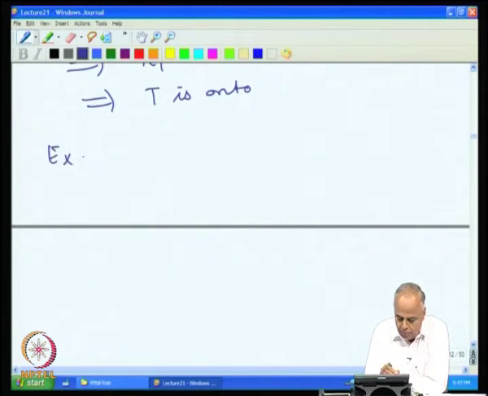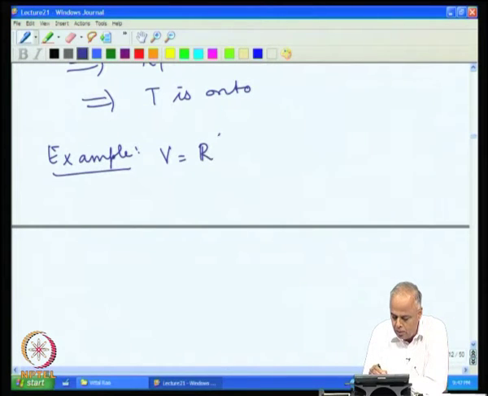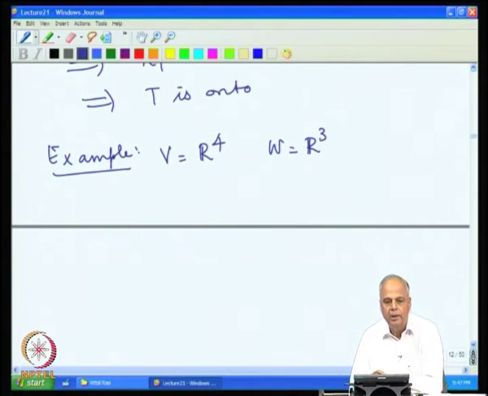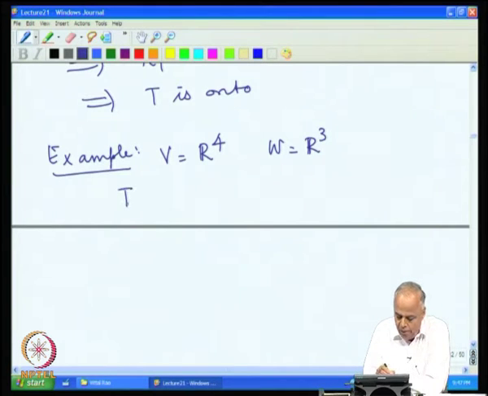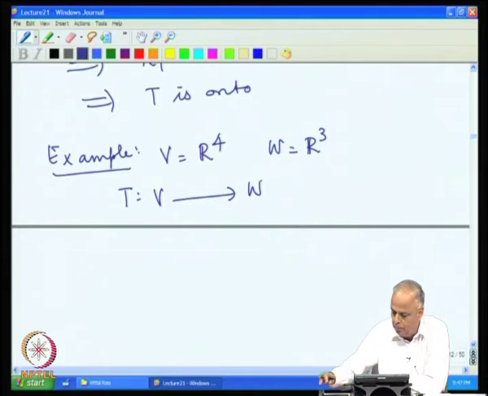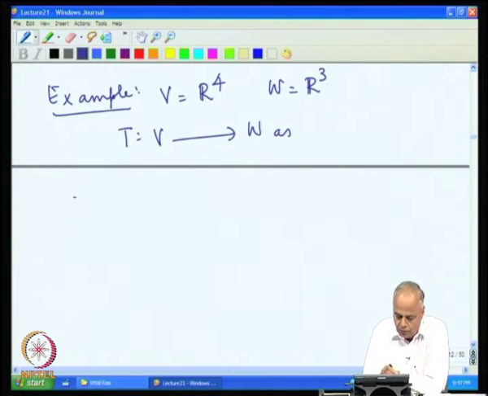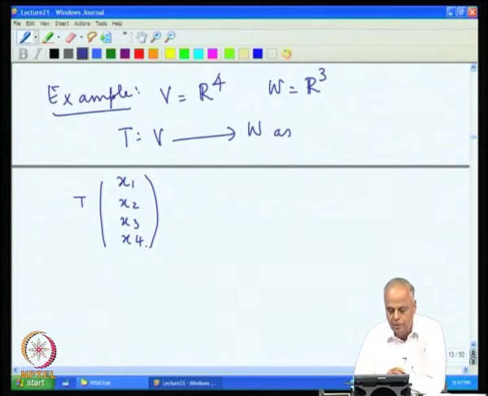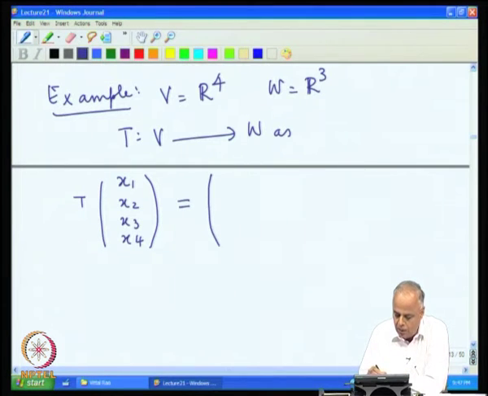Let us take another example. Let us take V to be R^4 and W to be R^3. Now, notice that the dimension of V is strictly greater than the dimension of W. Now, we define T mapping V to W as follows. It should take a vector in R^4, say (x1, x2, x3, x4), and map it to a vector in R^3, so let us say (x1, x2, x3).